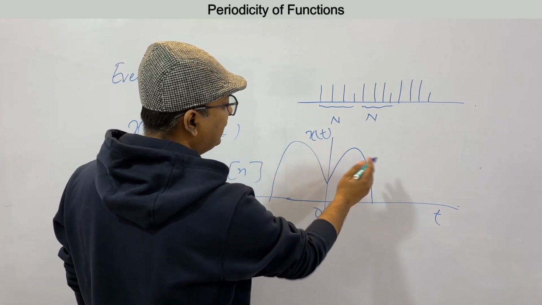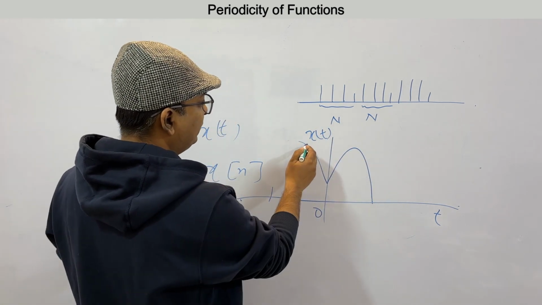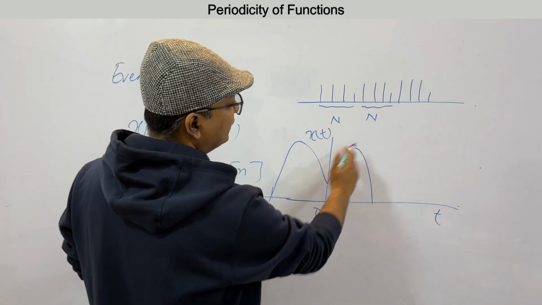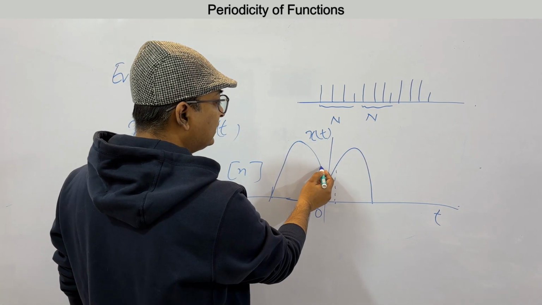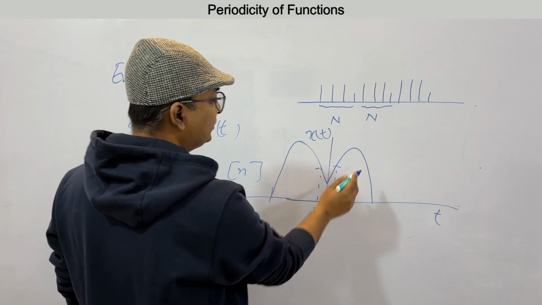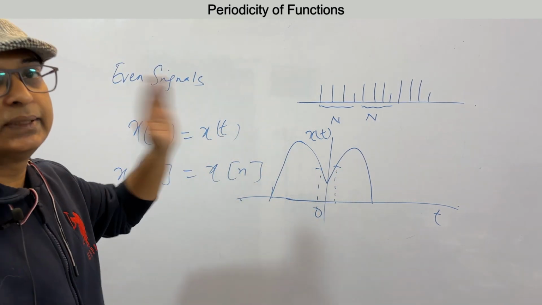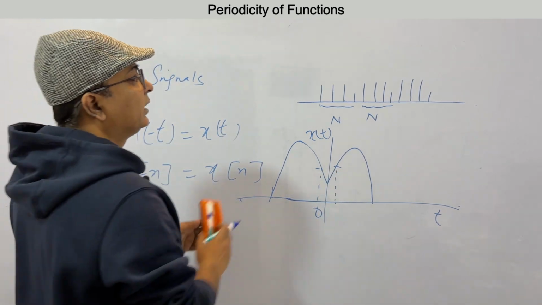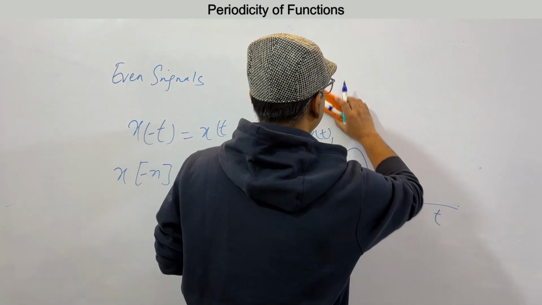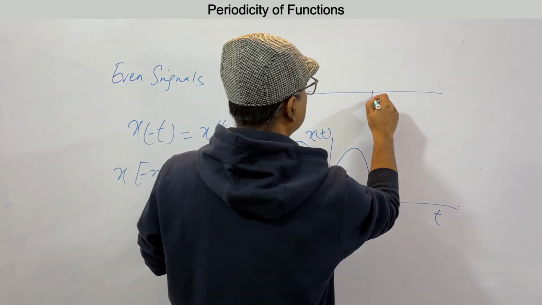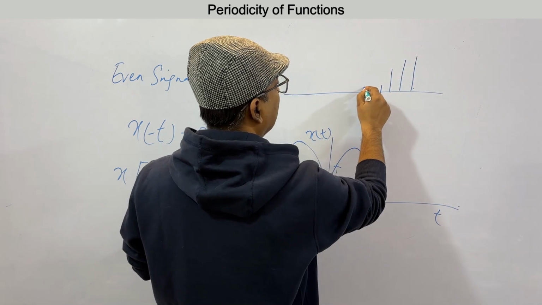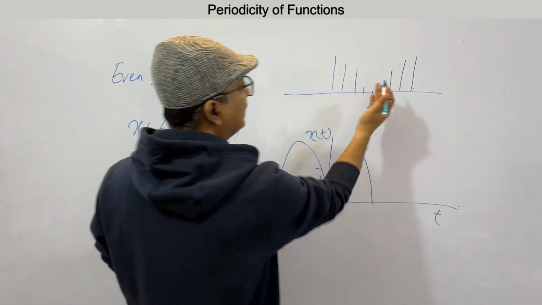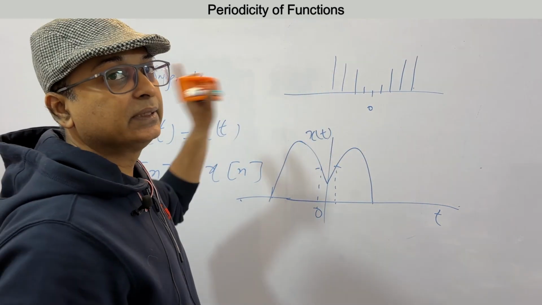So if we have a mirror image here, this is not to scale, that is at t and at minus t we have the same value, this is called an even signal. Clear? Similarly, in case of discrete signal, if this is 0, if this is the signal, and here also we have the same thing, repetition, that is an even signal.